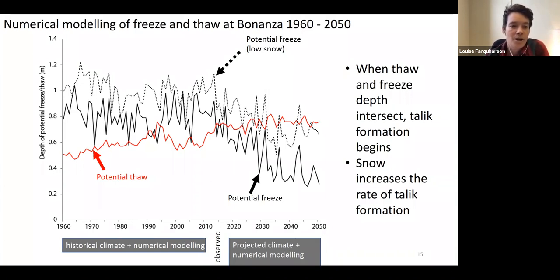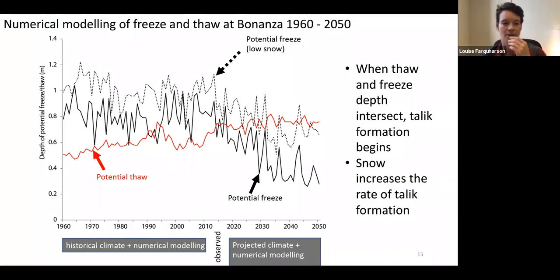This is a combination of numerical modeling using historical climate data, observed data from our boreholes, and projected climate data with the GIPL permafrost model. On the x-axis here we have years, and on the y-axis we have depth of potential freeze and potential thaw in meters. The red line is potential thaw, so you can think of this as how deep thaw goes in the summertime. Through time, you can see that this line is increasing.